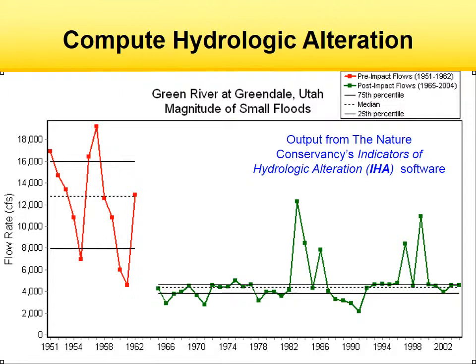The green is the time series after alteration. And bear in mind, remember here we're talking about magnitude of small flood. So one ecological flow component, one hydrologic measure that we're looking at. And we can see a very clear difference between the before and after, in this case, infrastructure development. And we can do that same kind of comparative analysis to see how much alteration there's been using a number of indices for each of the rivers.